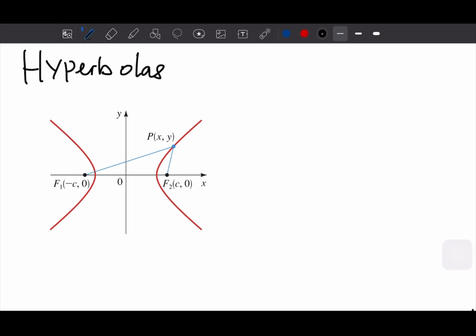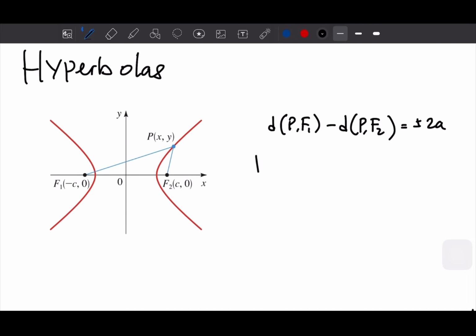And now, not the sum, but the difference. So we will have the distance from P to F1 minus the distance from P to F2 as plus minus 2a. Let's say 2a.